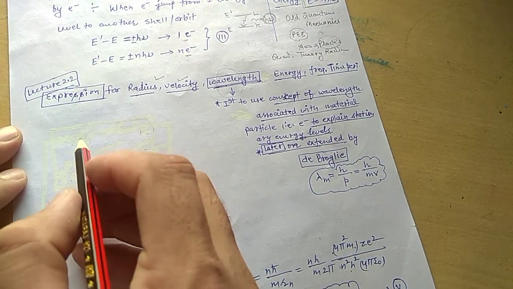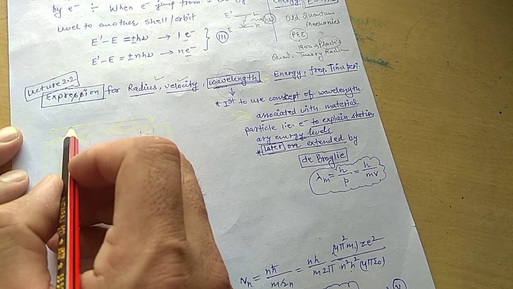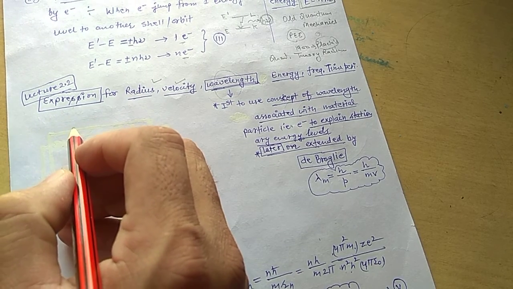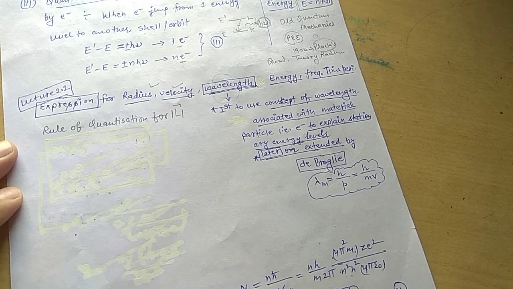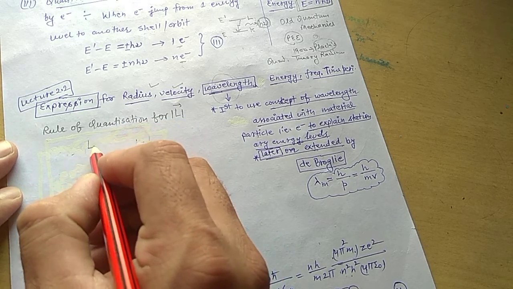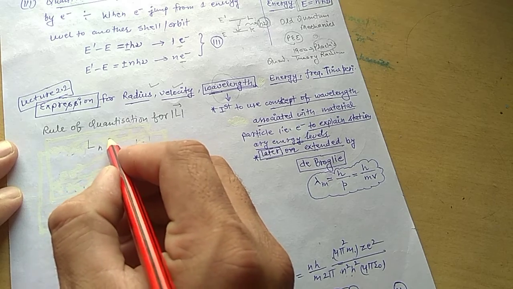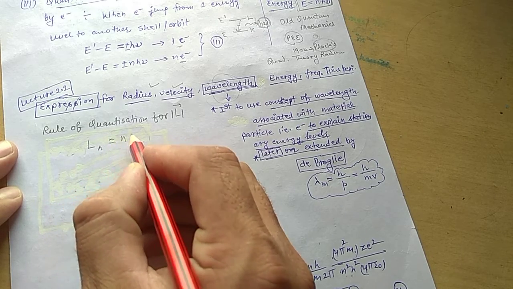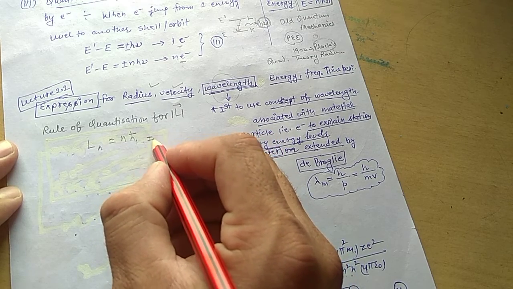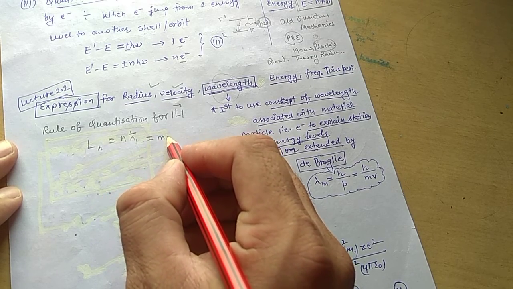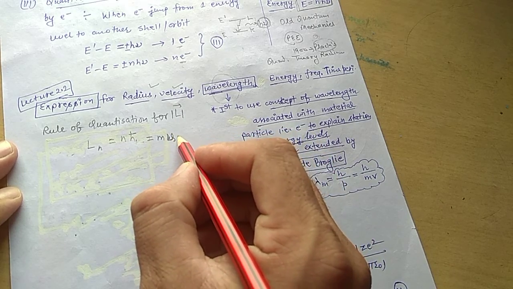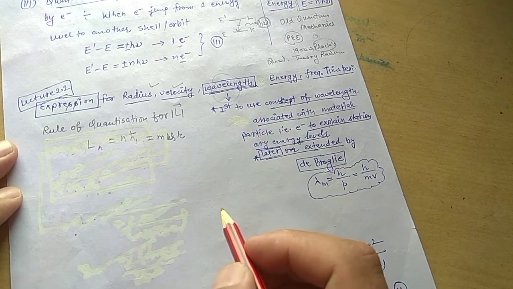Okay, so here we have a quantization rule regarding angular momentum. The angular momentum L, its magnitude in the nth state, is equal to n times h cut, and if you find it classical mechanically, it will be equal to mass into velocity into the radius.